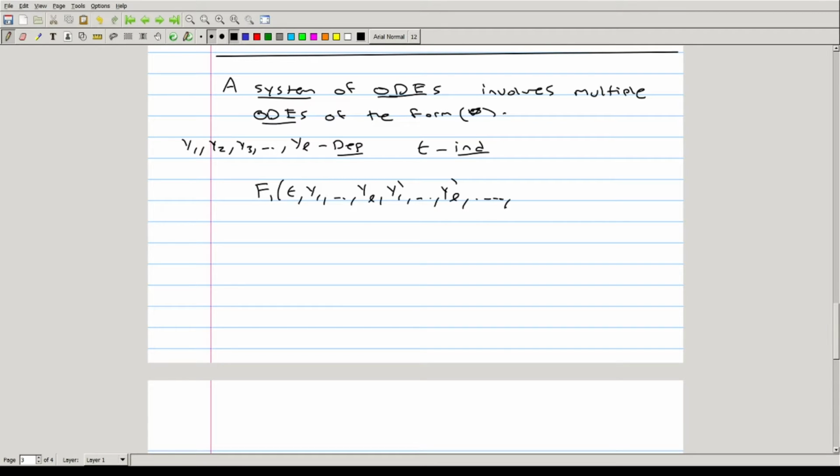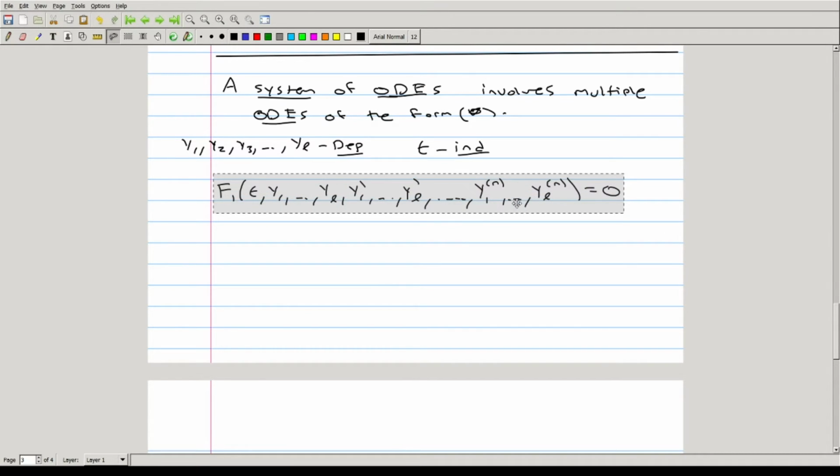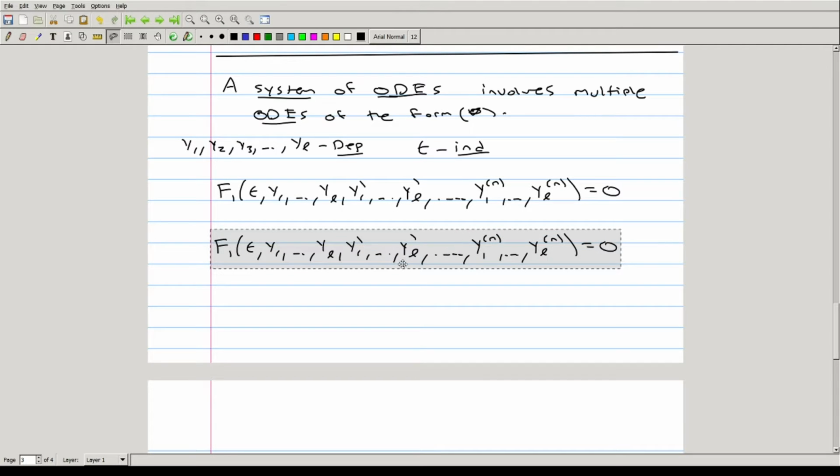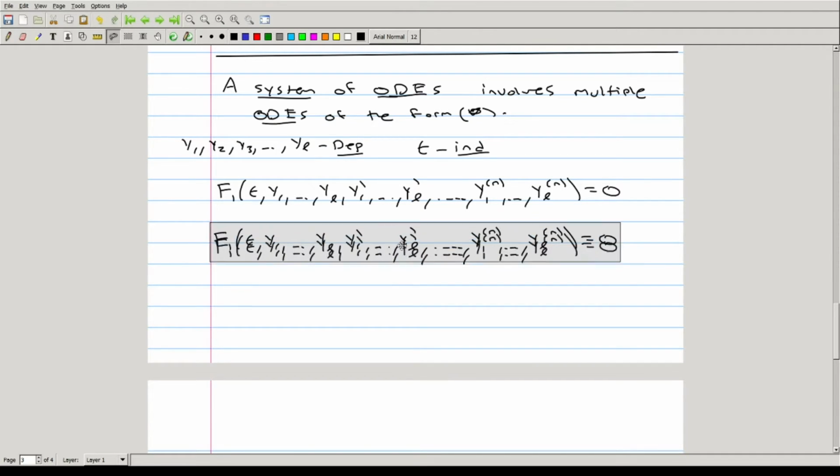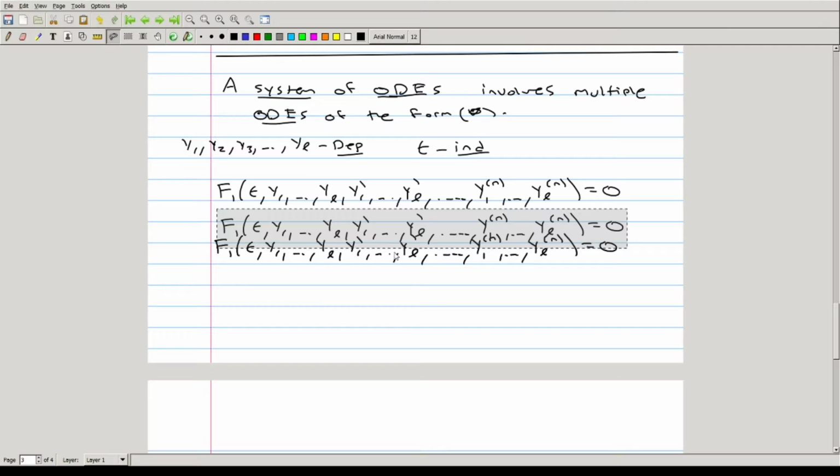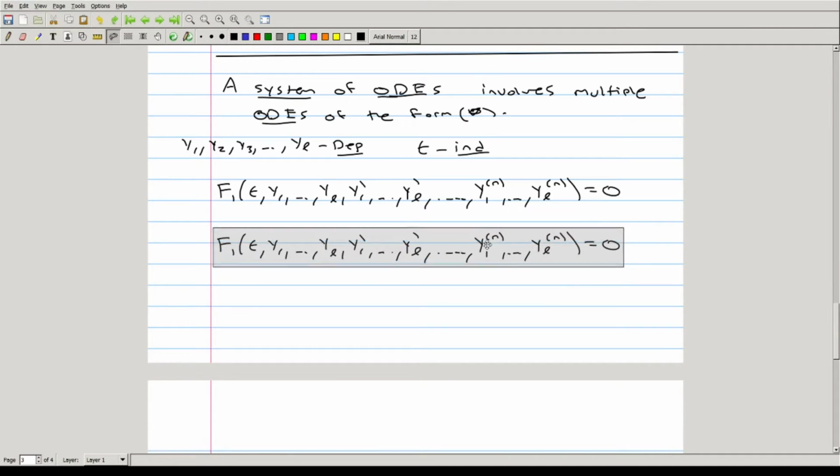This goes all the way up to the nth order derivative of y1 through yl. And if I have L dependent variables, I expect to have L ordinary differential equations that satisfy this.